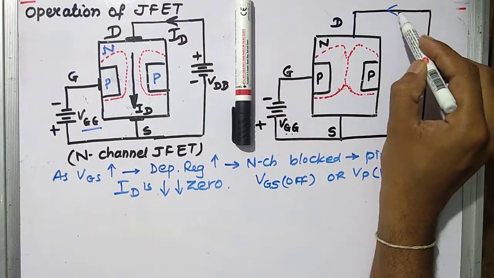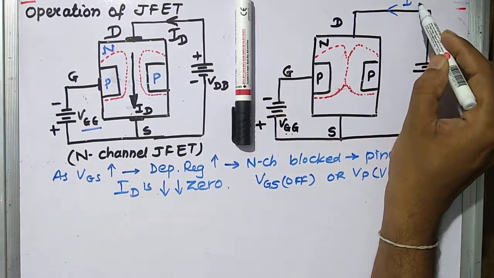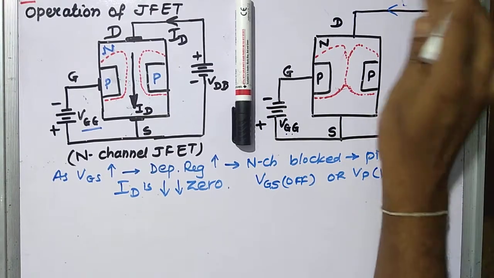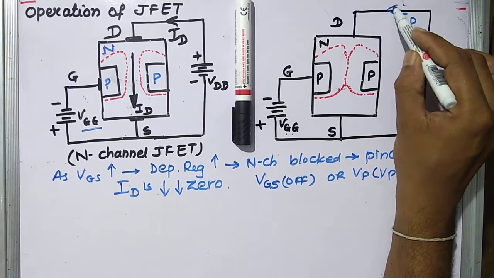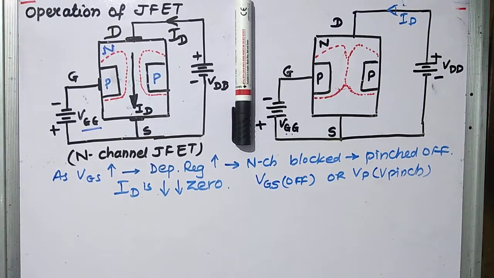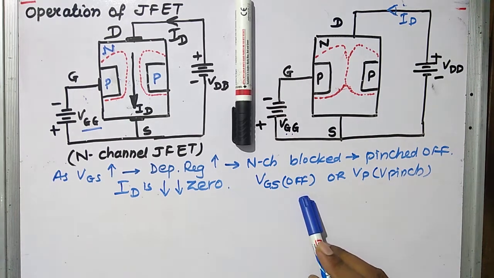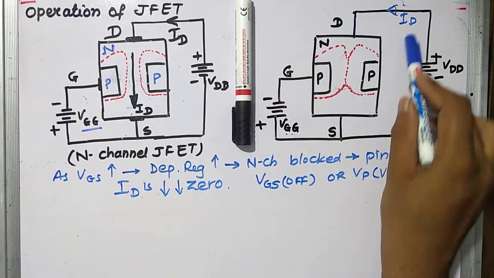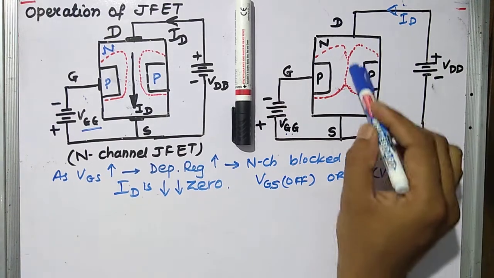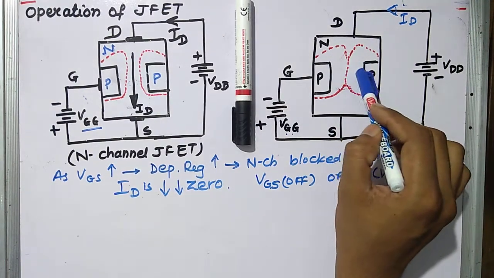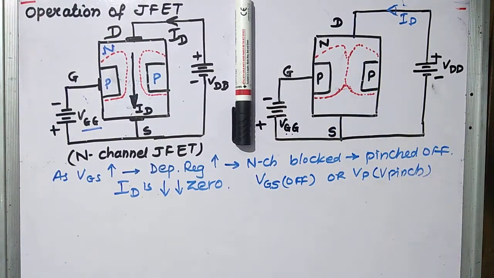So drain current is flowing like this, ID. So what is V pinch or VGS off? V pinch or VGS off is that voltage at which the value of drain current is 0. Means the channel is completely blocked and drain current is reduced to 0.